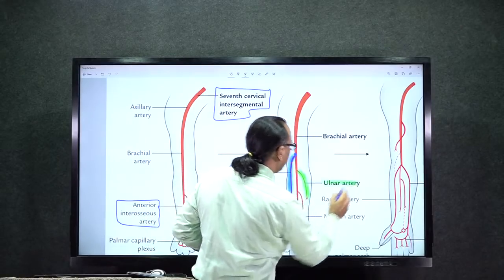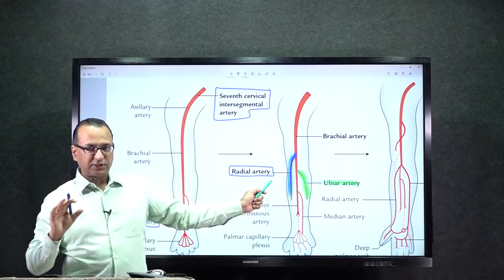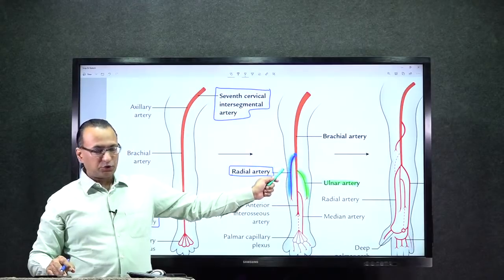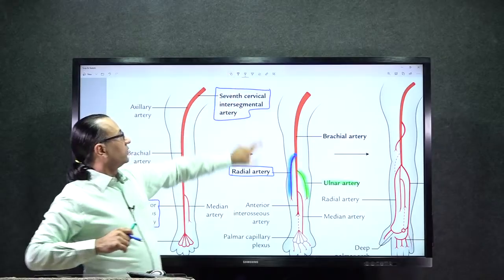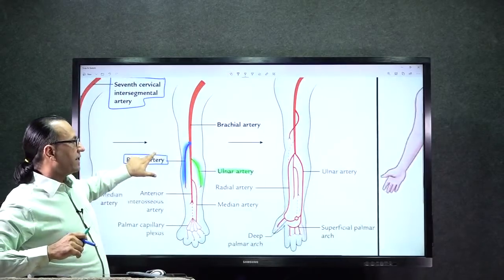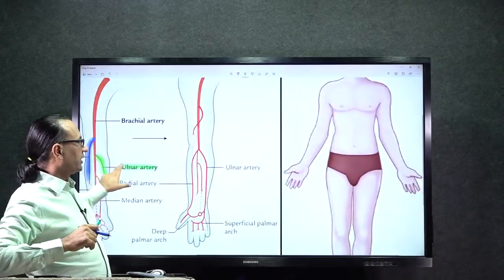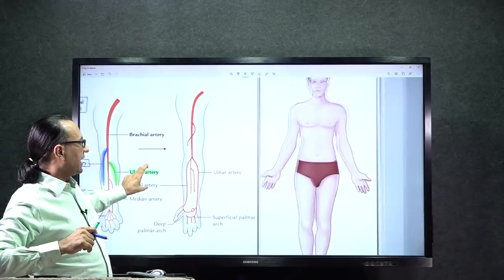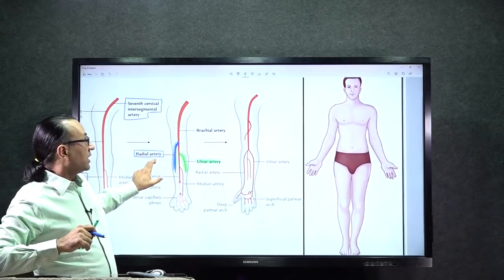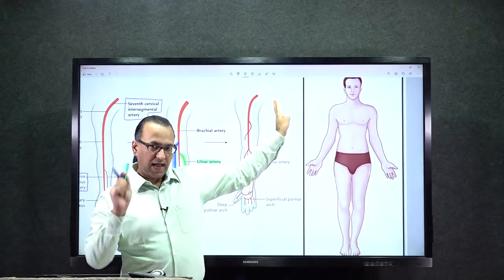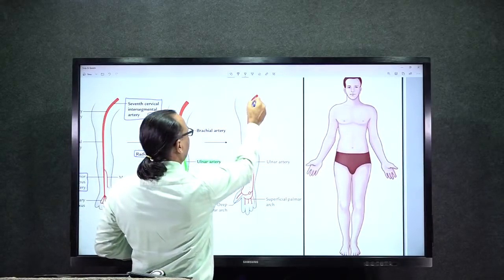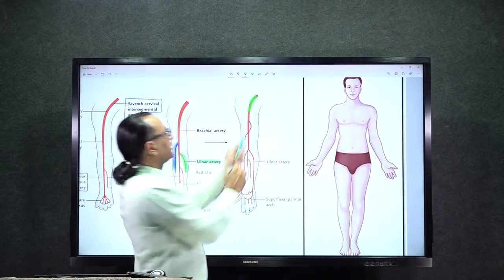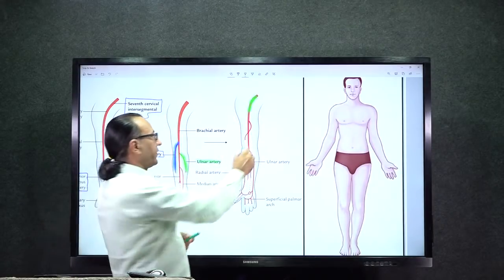So these are two arteries given from the axis artery near the elbow joint. And then in the later stage, as we go on to this diagram, finally the adult situation will be available to us. And as you see, we have one axillary artery in the axilla, and then it will be becoming the brachial artery.